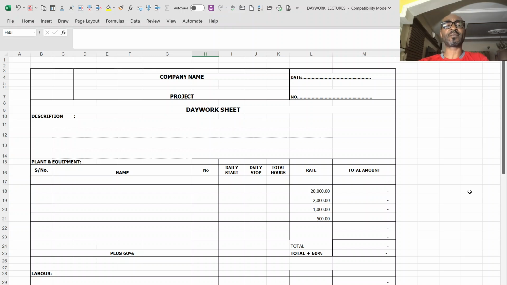Also, this method of payment can be applicable to certain jobs whose unit rates cannot be ascertained.